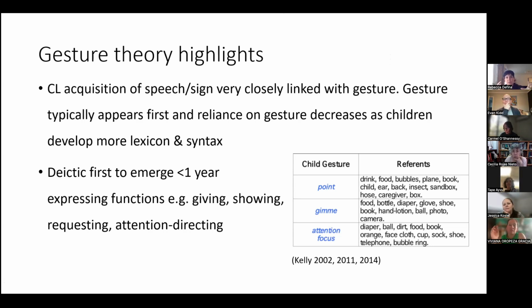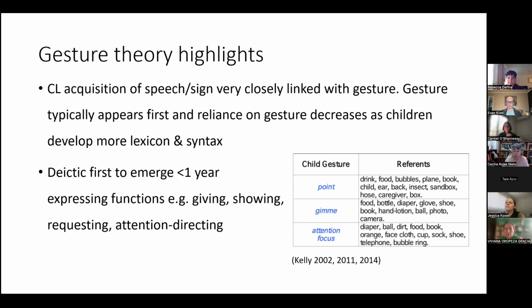So these deictic gestures are typically the first to appear, and they emerge in the first year of life. They typically express a range of functions and almost act like verbs, with the gesture acting as the verb and the referent of the gesture being the argument of those verbs.